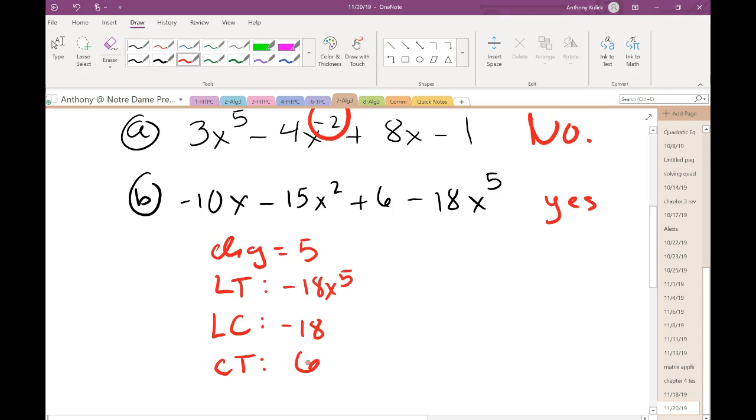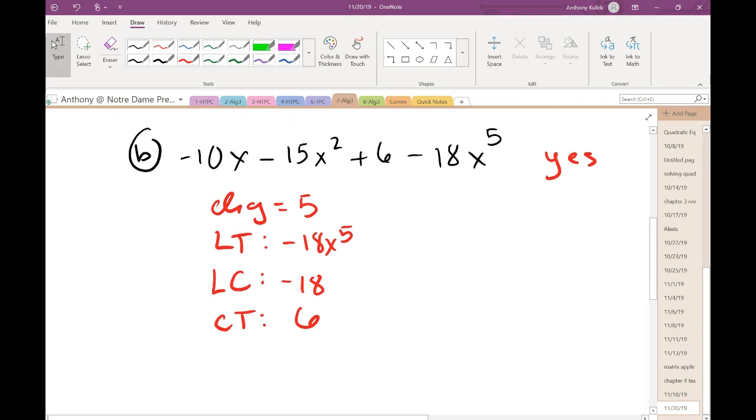Why is it 6? It's the one without a variable. So the constant term has no variable attached to it. So that's 6. And what is the number of terms we have here? 4. Because we have 4 things that are being added or subtracted together here.